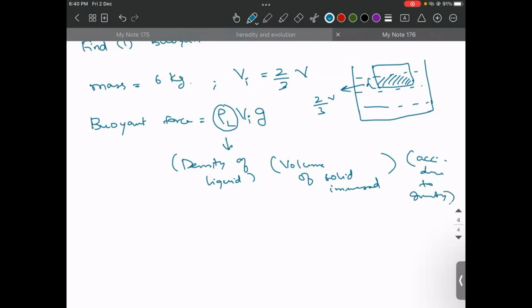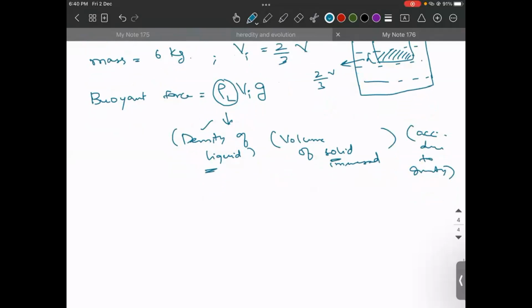Right? So observe, two different objects are there: one is a liquid and the second is a solid that is being immersed. Is that point clear? Yes. If that is the case, you can only take the volume of the solid immersed as 2 by 3 times V. But we don't know the density of liquid.